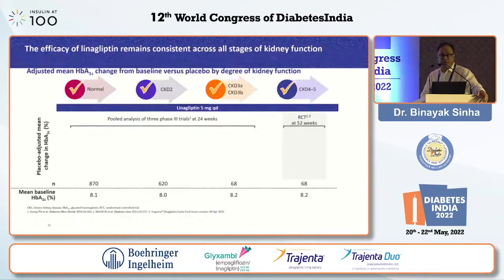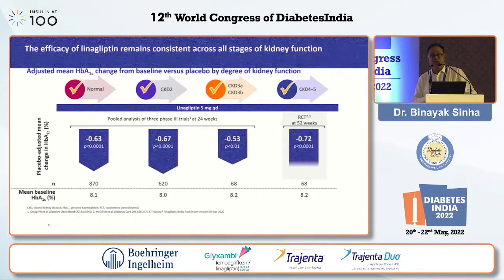ethnic backgrounds. There is a very strong group of patients that we see who have CKD. There are multiple patients that we tend to see in our clinics who have chronic kidney disease, and we see them progressing from normal to CKD type 2, then to CKD 3, and then to end-stage renal disease. And in all these groups, HbA1c reduction remains prominent.